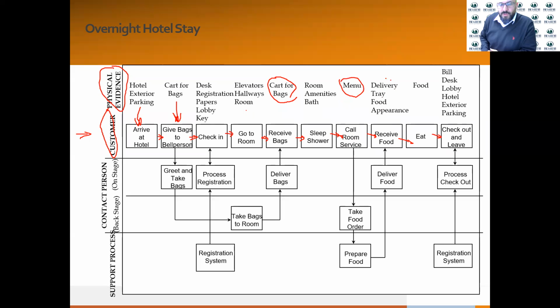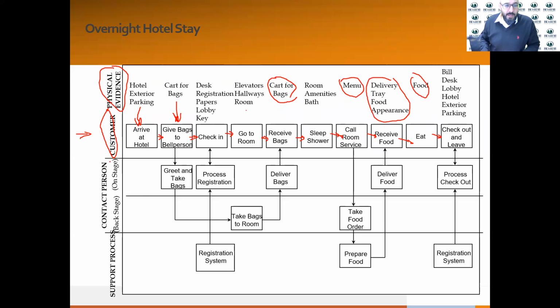When they receive the food, they will see the delivered tray of food and the appearance of the people serving it. Once they eat, the physical thing they see is the food. And when they check out, they will see the bill, desk, lobby, hotel exterior, and parking as well.